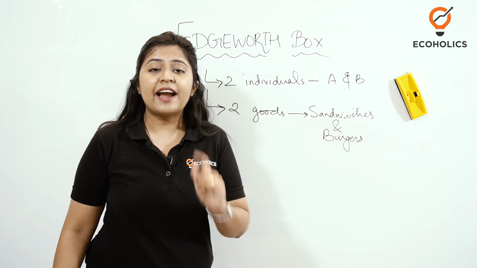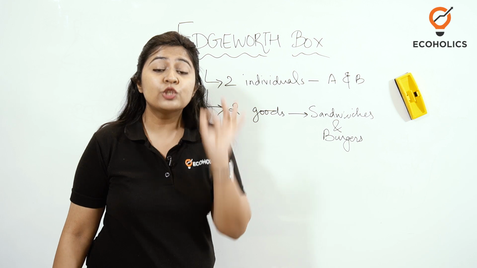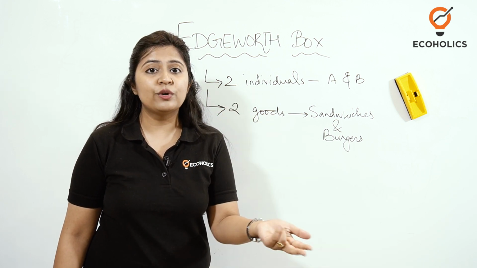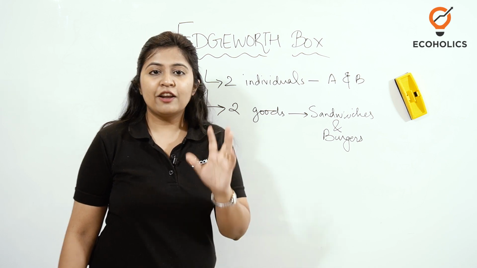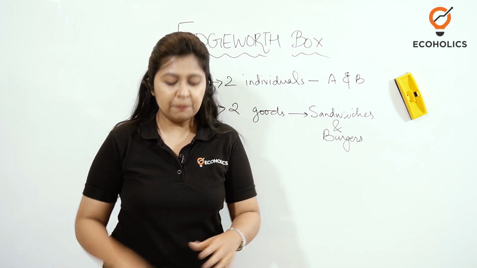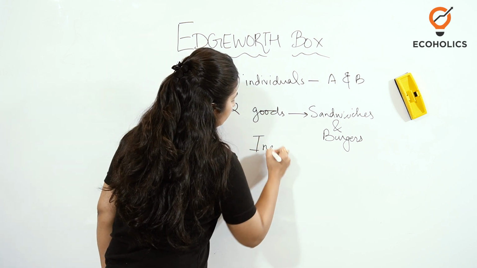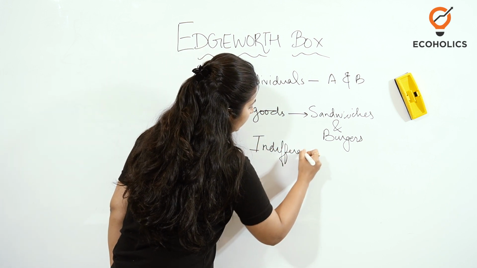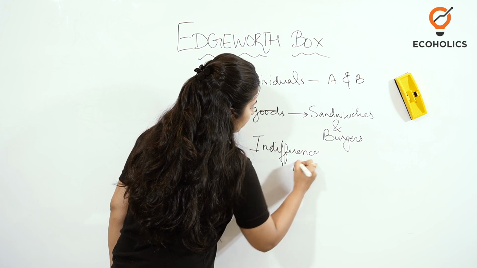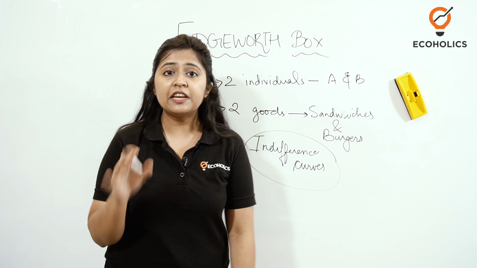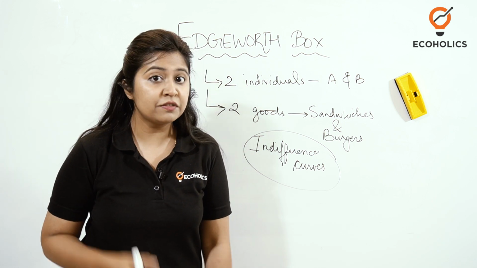Now let us identify the socially optimal point at which the two goods are going to be consumed. Consumption is analyzed with the help of indifference curve analysis, because whenever we want to find the utility or satisfaction level of any individual, we use indifference curve analysis.